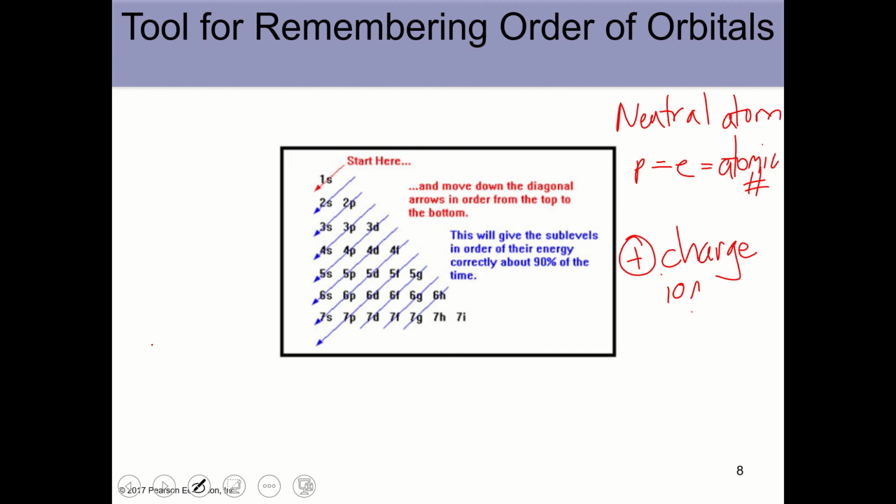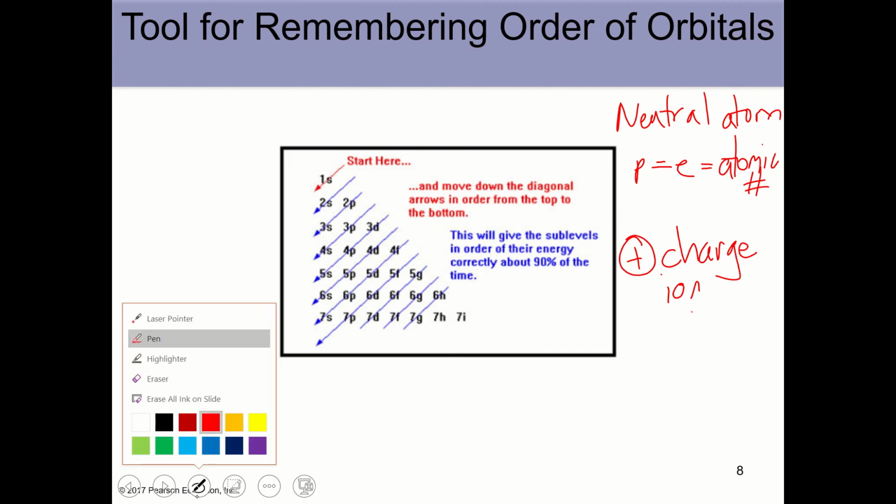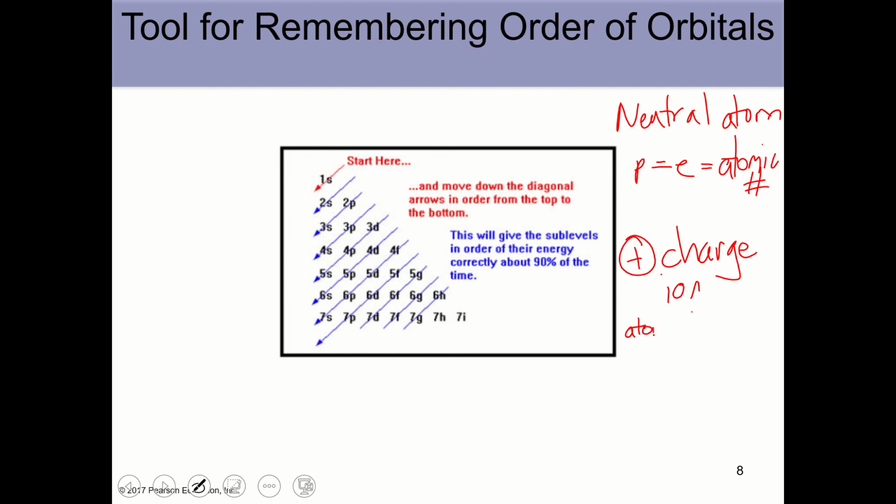Let's see if I can write that more neatly. Okay. And as long as you have the sign of the charge correct, this formula will work for either negative or positive charges. So atomic number minus charge for a cation, right?